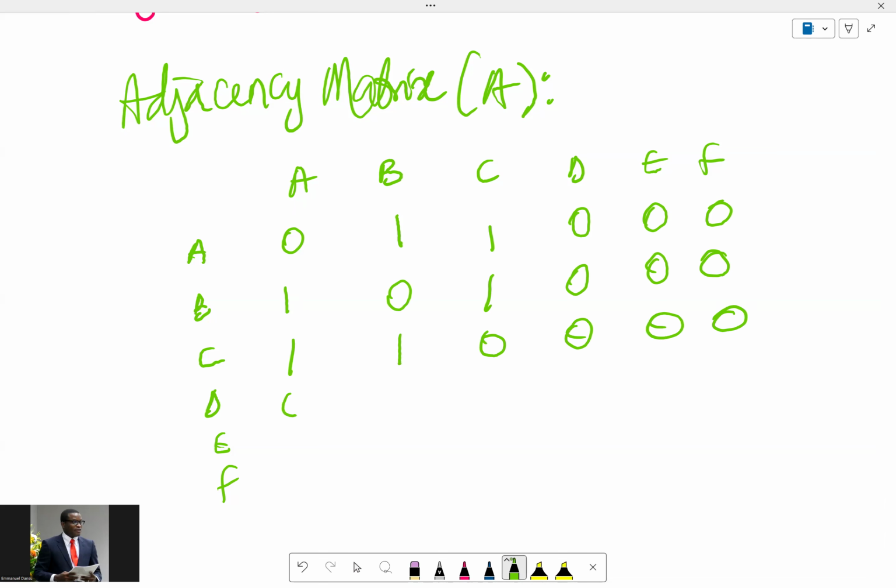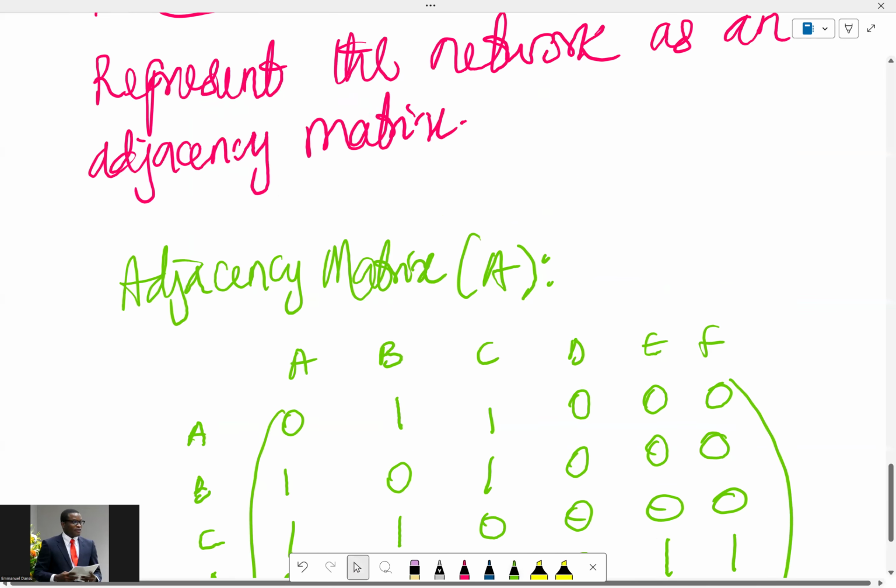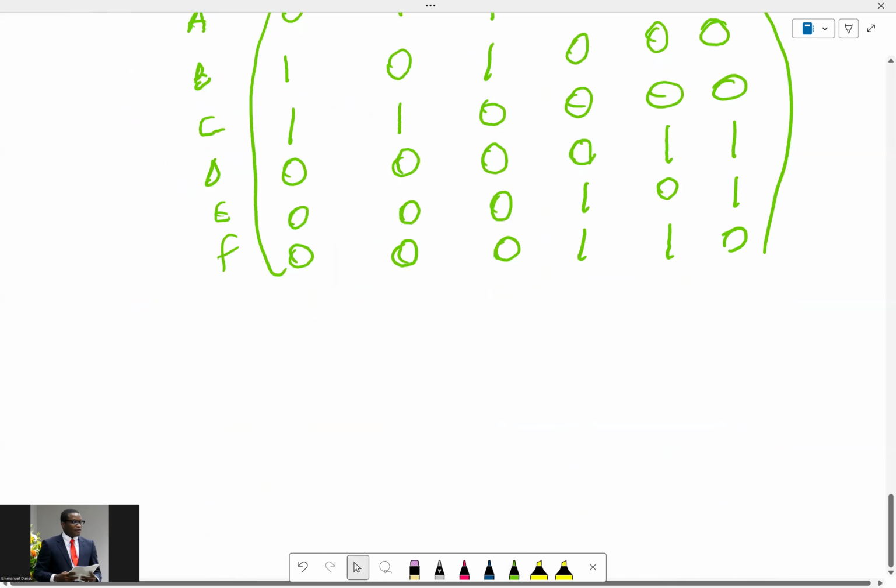D to A, B, C is no, D to D is 0, D to E is 1, D to F is 1, because D, E, and F are in the same group. E to A, B, C is 0, E to D is 1, E to E is 0, E to F is 1. Lastly, F to A, B, C is 0, then 1, 1, 0. That is the adjacency matrix for the situation we have been given.